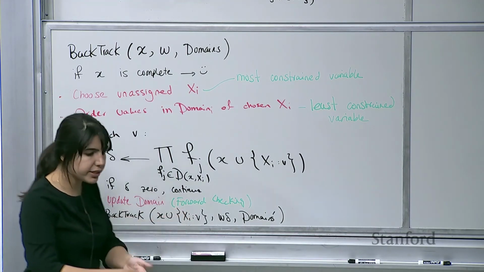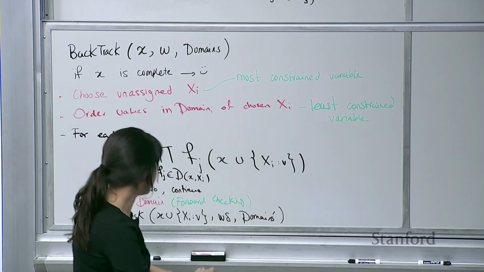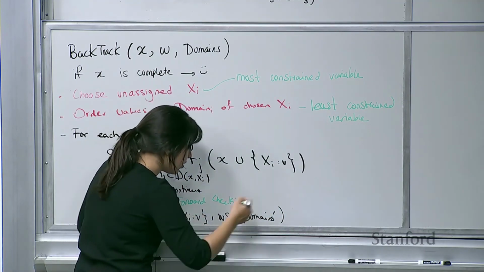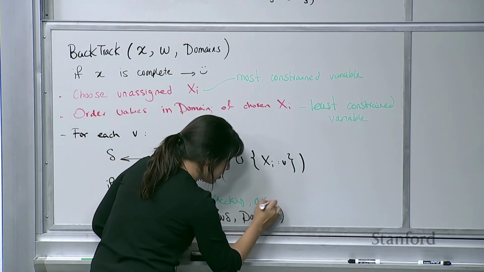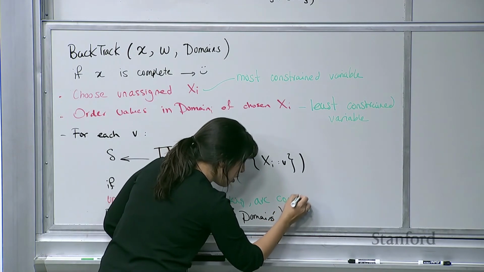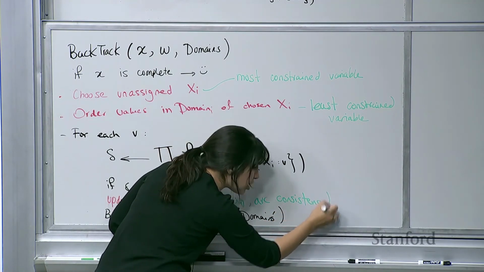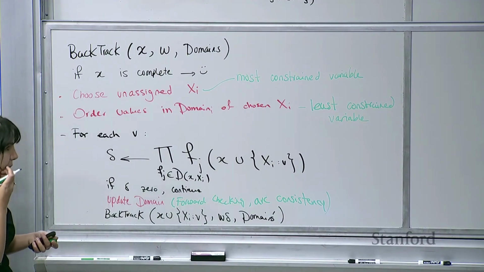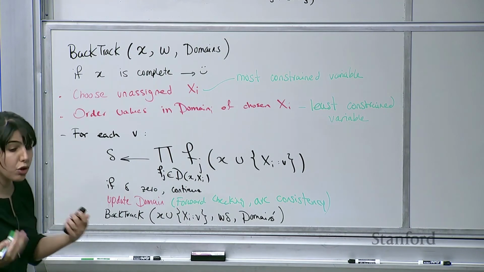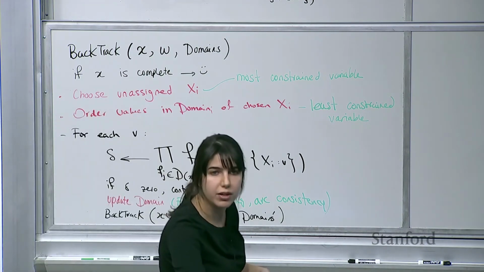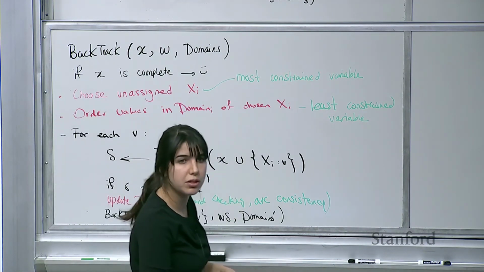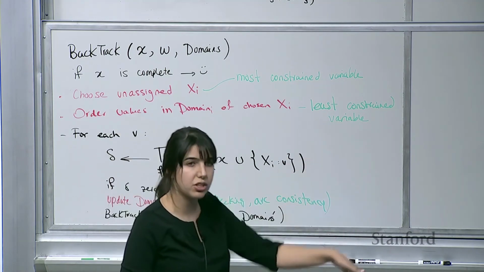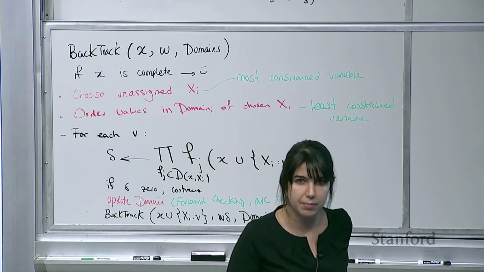Another idea is to do something slightly better, called arc consistency. Arc consistency doesn't just look at the neighbors; it goes through the whole CSP and tries to update the domains of even further nodes ahead of us. So this whole section is going to be about how to do arc consistency.